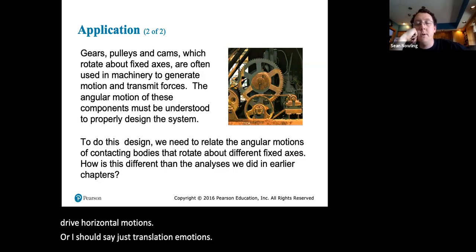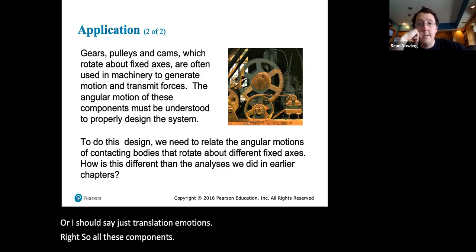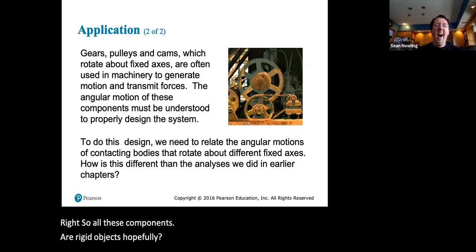Right, so all these components are rigid objects, hopefully, and so they fall under the purview of this chapter.